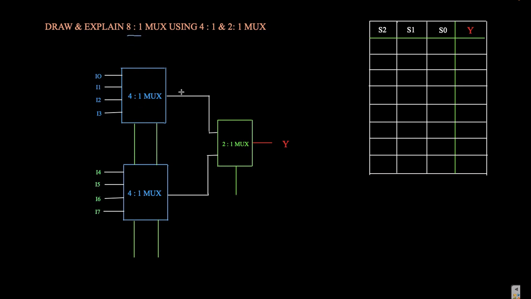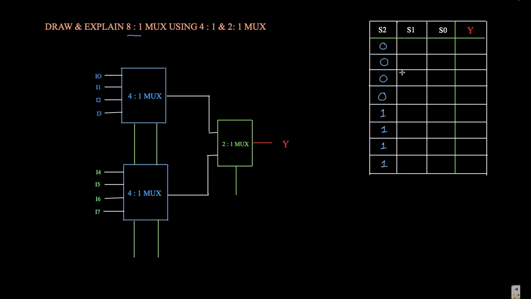So we need to write the truth table for the 8:1 MUX. What is the truth table? S2, S1 and S0, these 3 are not inputs, they are select lines. Depending upon the select line combination, we can select the output. It is the conventional truth table, and all of you know how to write a truth table.